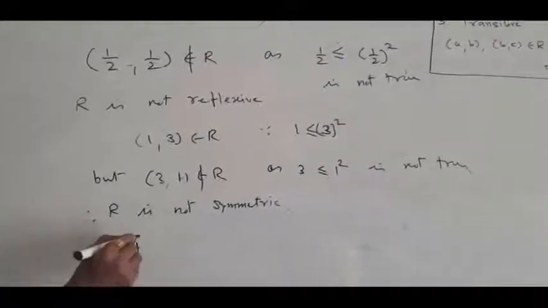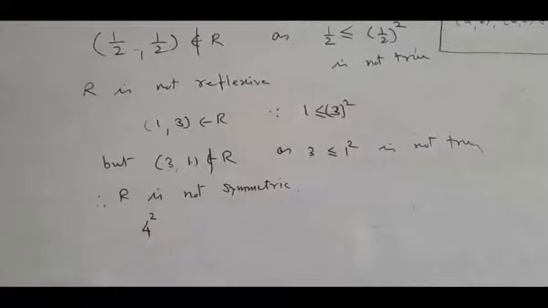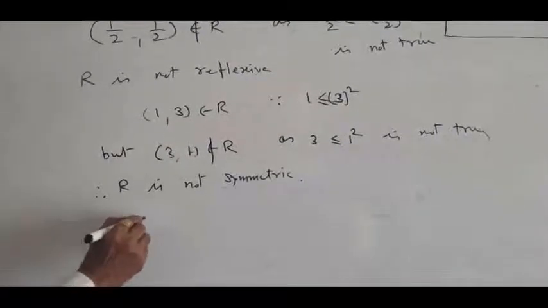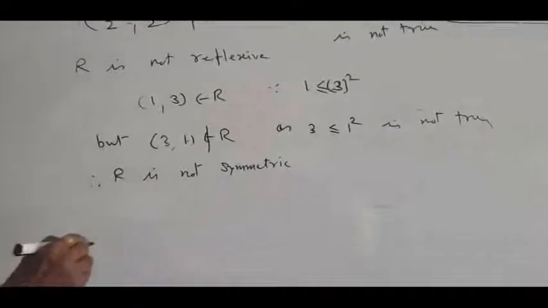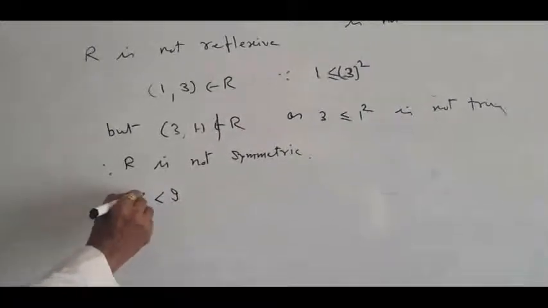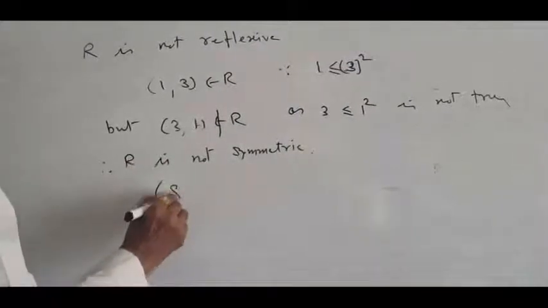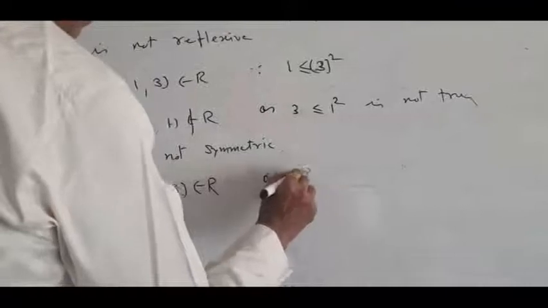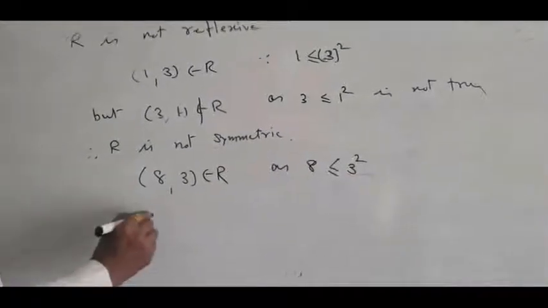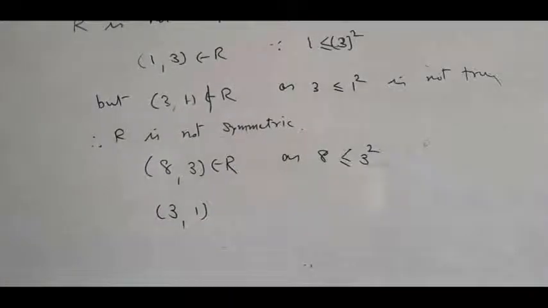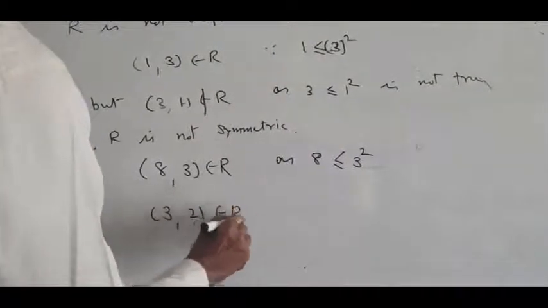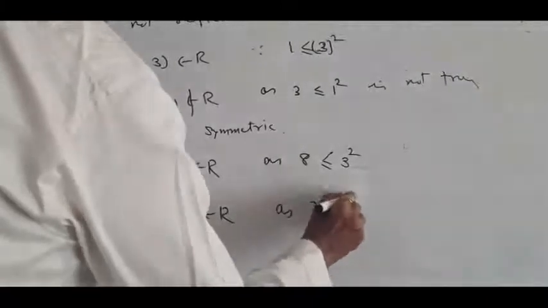Because a is less than or equal to 3 squared, (3, 1) and (3, 2) belong to R, and 3 is less than or equal to 2 squared.